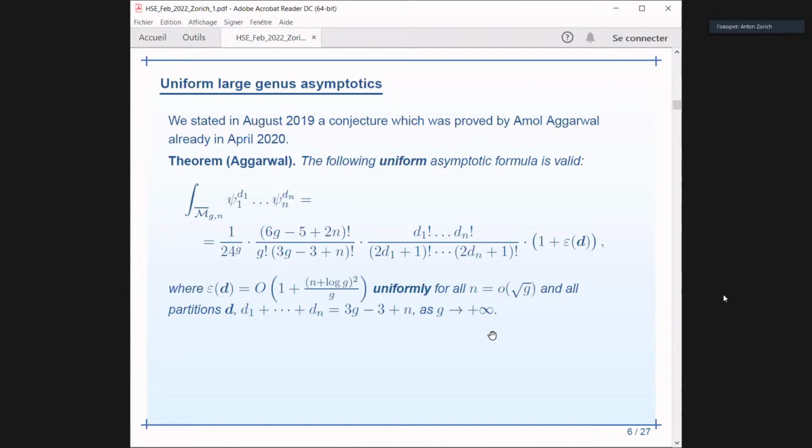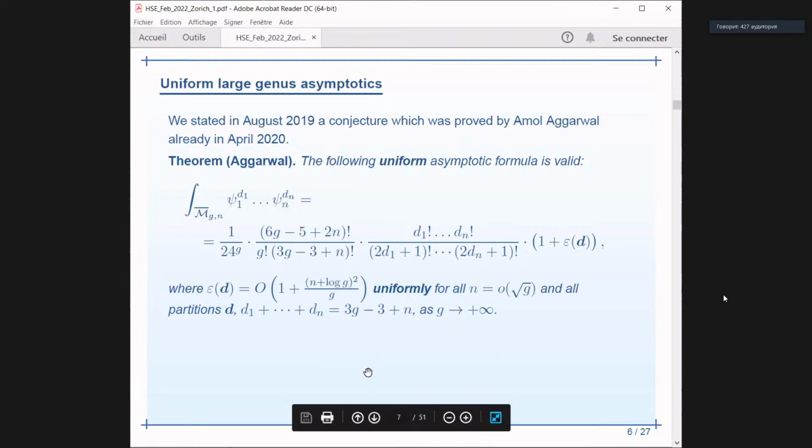And I'm claiming that you take all these partitions, you evaluate this quantity, you measure what is the worst error term which you get over all partitions like this. And we conjectured and Agarwal proved that this error term tends to 0 even if you take as epsilon the worst error term which you get over all possible partitions which satisfy this relation. Did I answer your question or not yet?